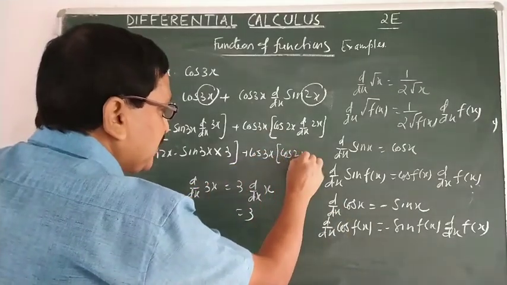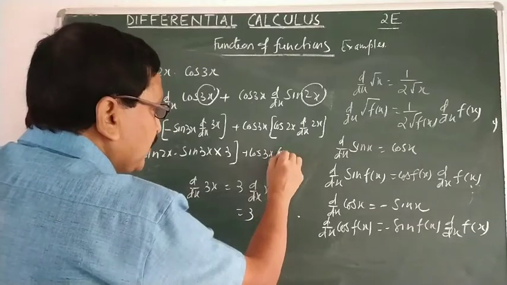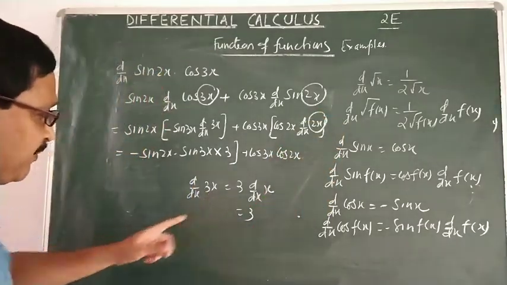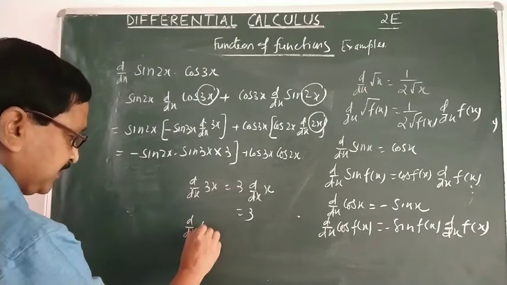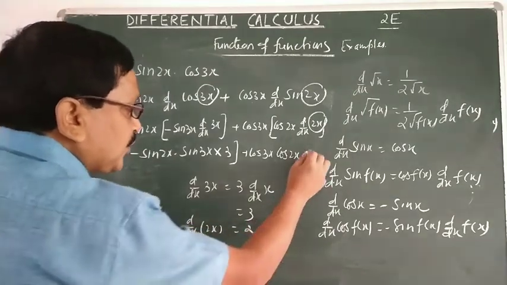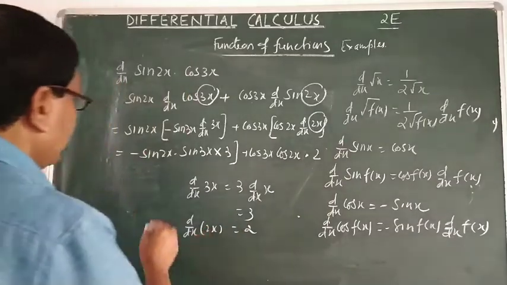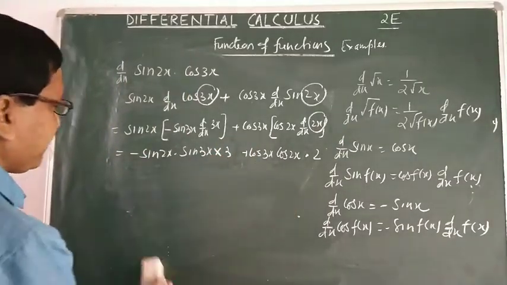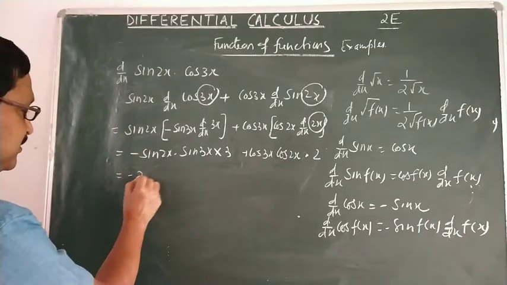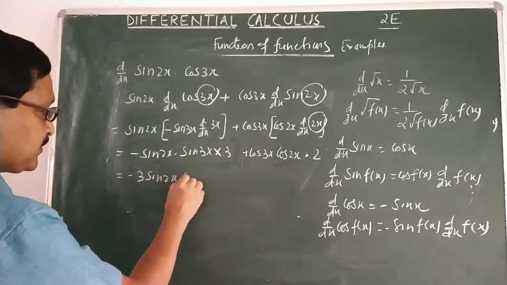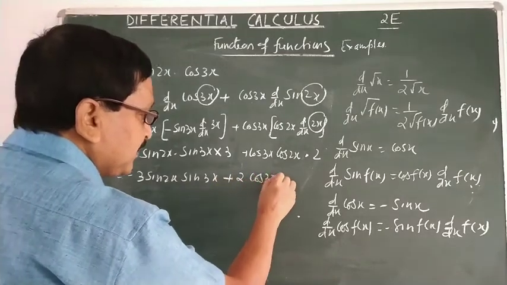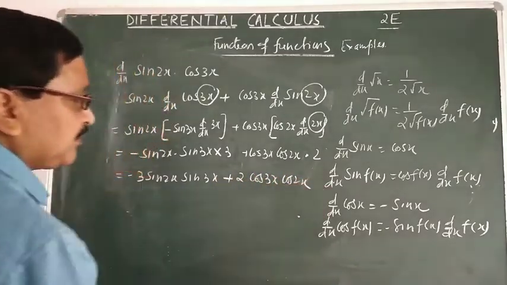Now d by dx of 2x is equal to 2. So write here 2. Your problem is done, no need to put the bracket. So this is your final answer: minus 3 sin 2x sin 3x plus 2 cos 3x cos 2x.